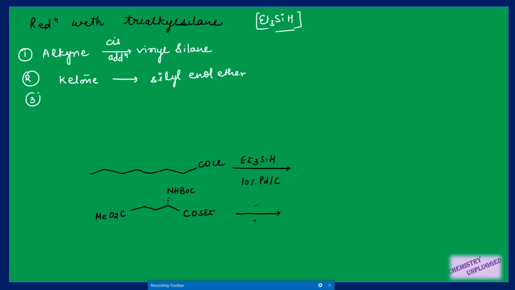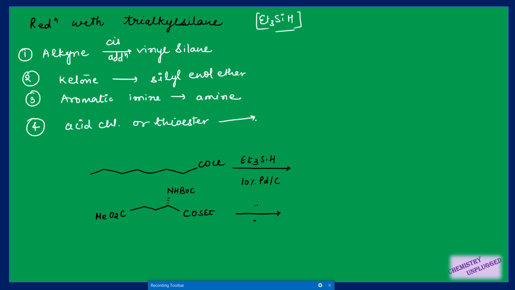Then the third point is aromatic nitro compounds will form amines. Then the fourth point, about which these two reactions are given, is that acid chlorides or esters or thioesters in the presence of palladium over carbon will form aldehyde. So this acid chloride will form an aldehyde group.